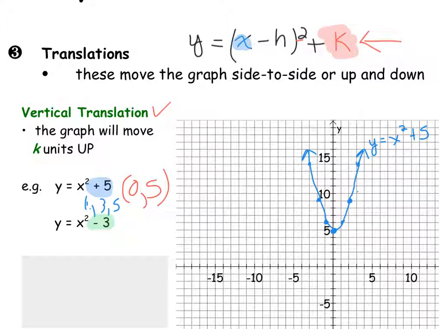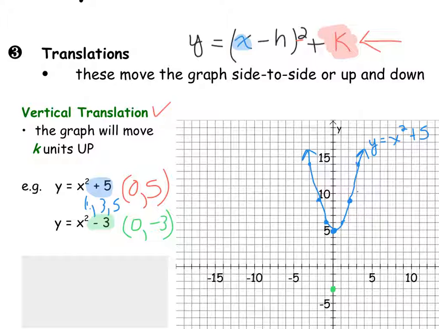And so I can tell right away that my vertex is going to be at (0, -3). In other words, what was at (0, 0) is now going to be 3 units down. So my new vertex is going to be down here at (0, -3).